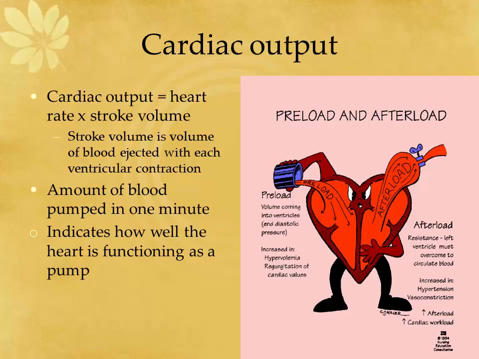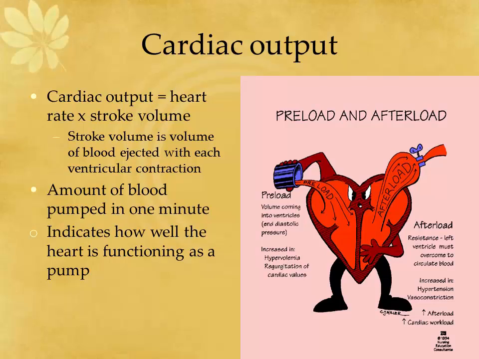So imagine then, if stroke volume stays the same, what happens when we increase the heart rate? We're going to increase cardiac output. The opposite will happen if we decrease the heart rate. If we decrease the heart rate, but stroke volume stays the same, then cardiac output falls.